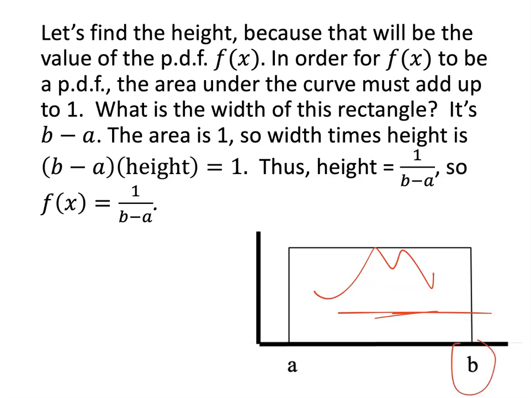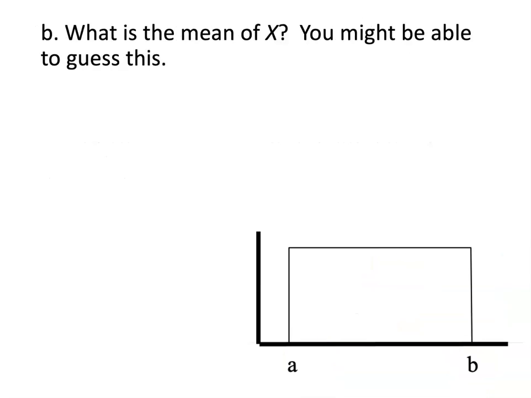It's b minus a. The area is 1. So width times height, that's the formula for the area of a rectangle. Width times height is going to be b minus a, that's the width, times the height, and that equals 1. So the height is 1 over b minus a. Just divide both sides by b minus a. So f of x is 1 over b minus a.